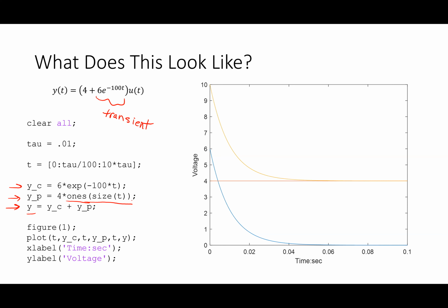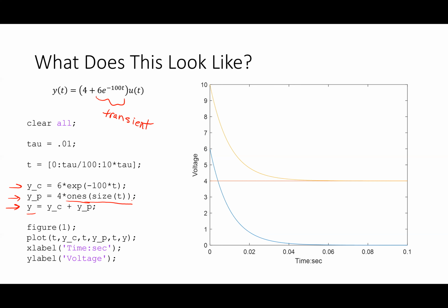Ones of size t. Everything in it's going to be the number 1. It's going to be a vector that has all the number 1, and it's going to have the same size as whatever the t vector is. All right, so it looks just like the t vector in terms of how many rows and columns it has, but all that's in it is the number 1.